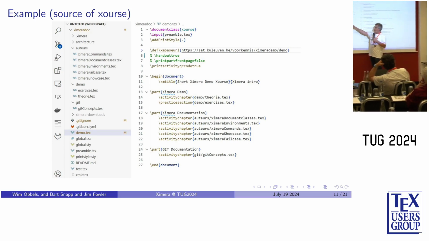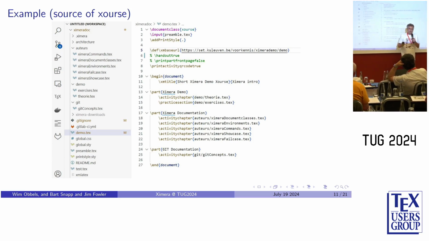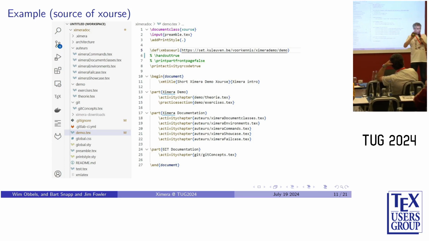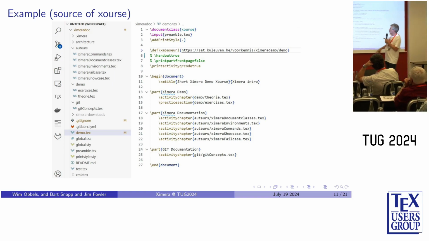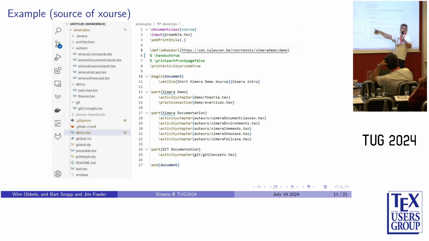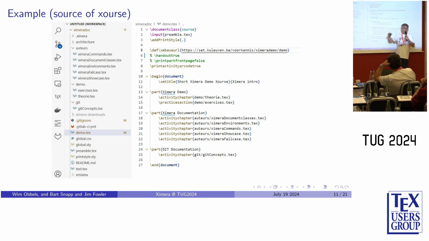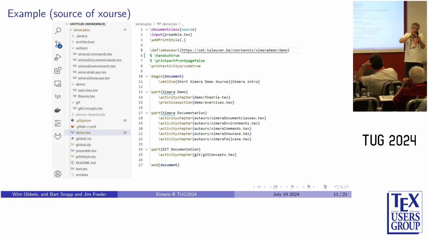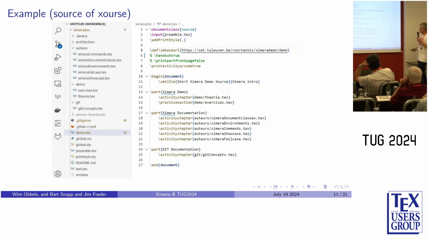Your activities are standalone text files. You don't have to include whatever, you just pdfLaTeX them. And also the course includes them. The trick here is to redefine input to ignore everything that's before the begin document, so that you can just include complete files.